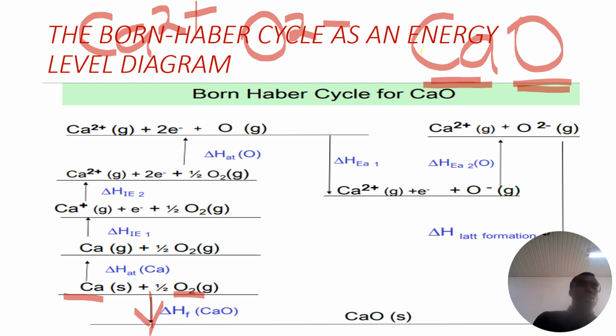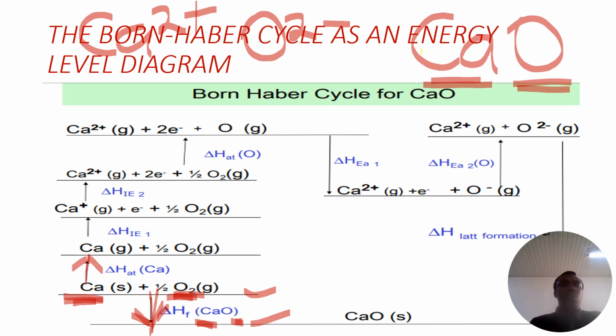We are to check if the atoms and the charges are balanced. This is the reactant and this is the product. Calcium is 1, oxygen is 1; on the product, calcium is 1, oxygen is 1. So the atoms are balanced. Now we check the charges. The charge is 0 and the charge is 0, so the atoms and the charges are balanced.